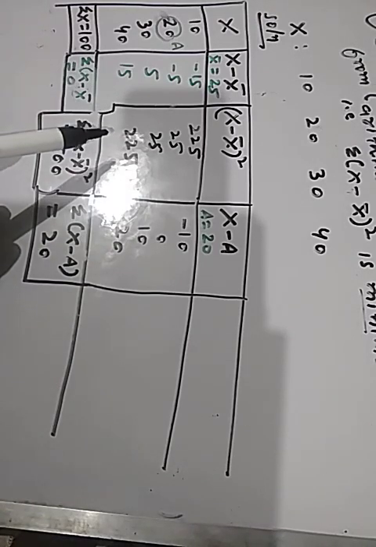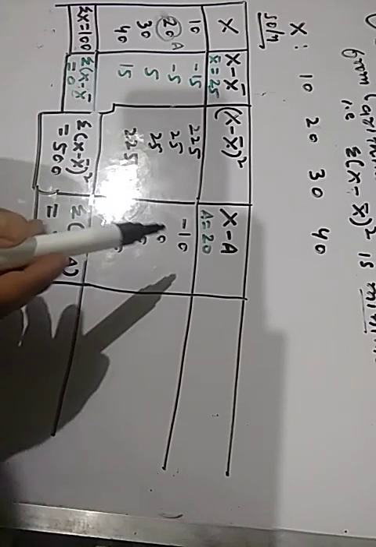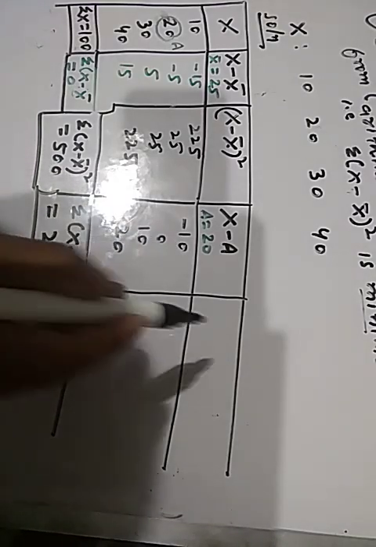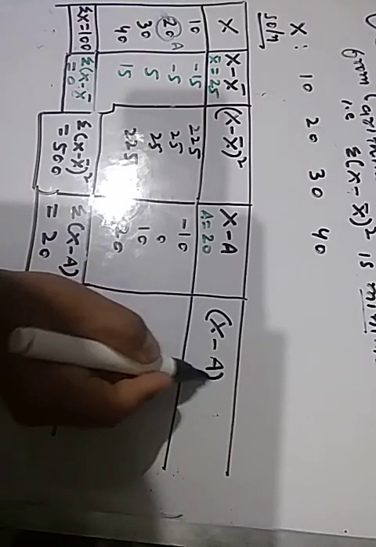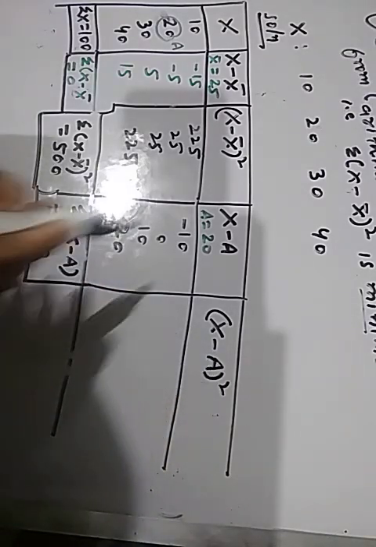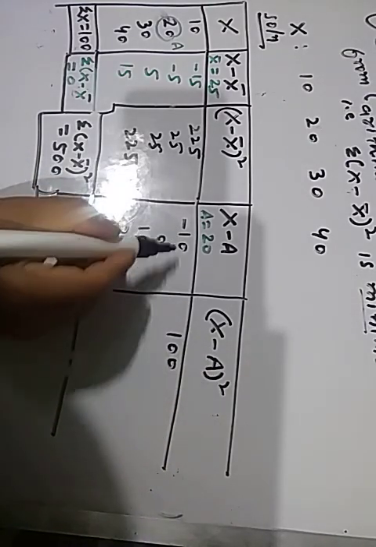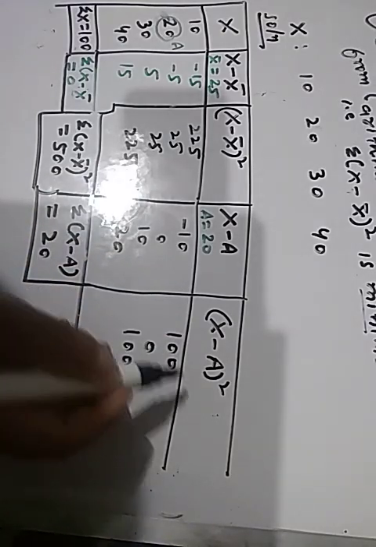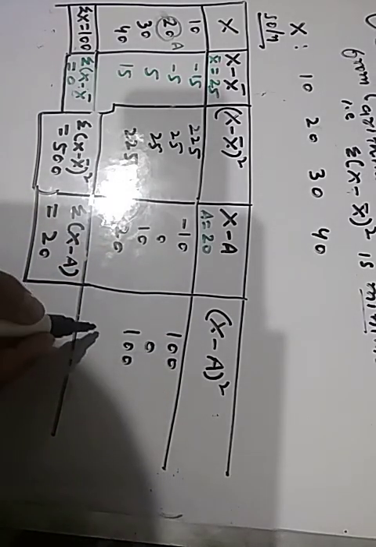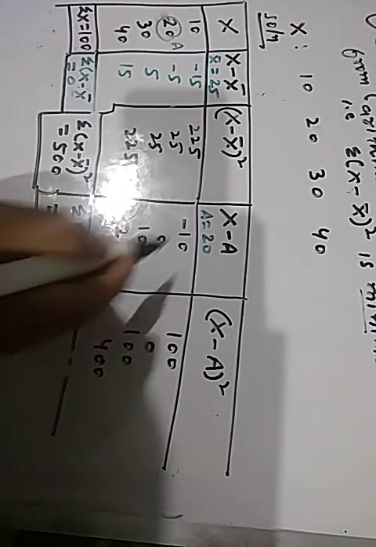And the second property will be proved with the help of taking the square of these values. x minus a, its whole square, will be equal to 100 (10 into 10), 100, 0, 100, and 400.